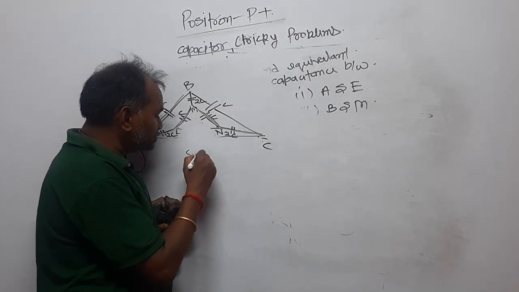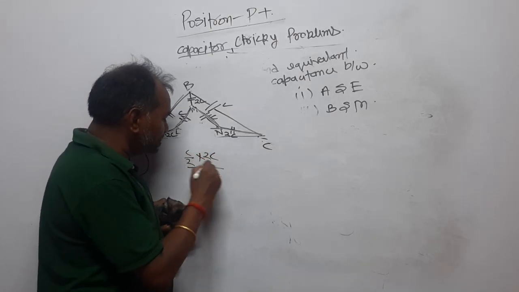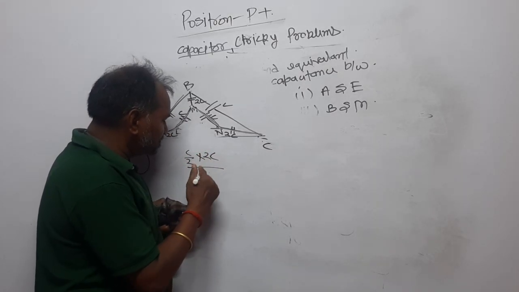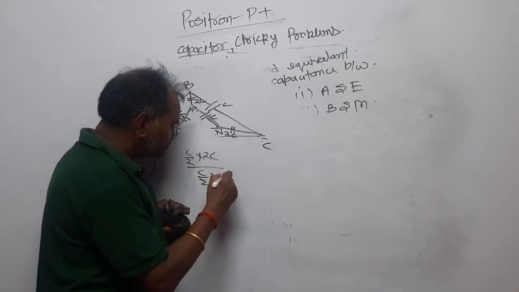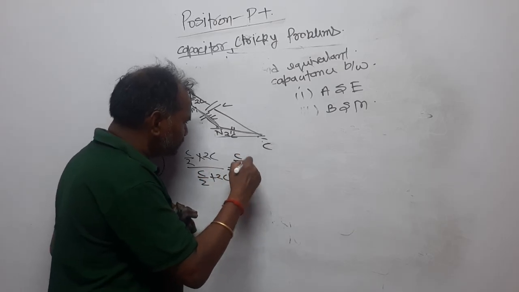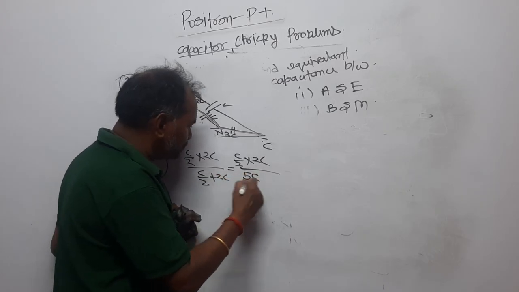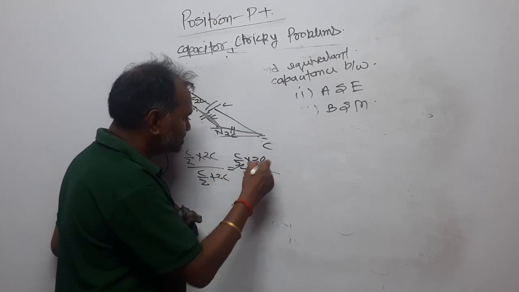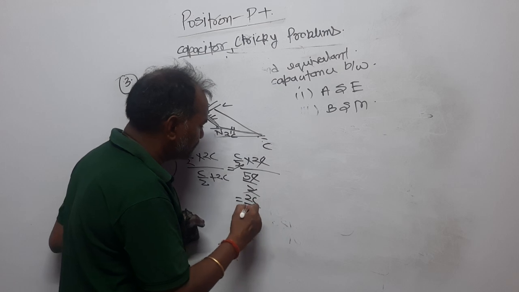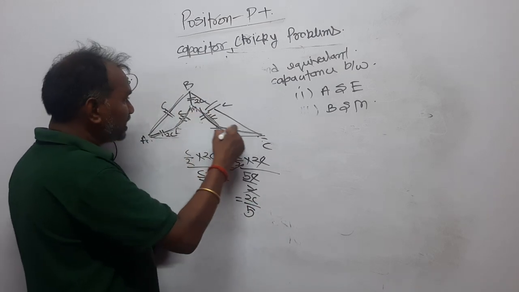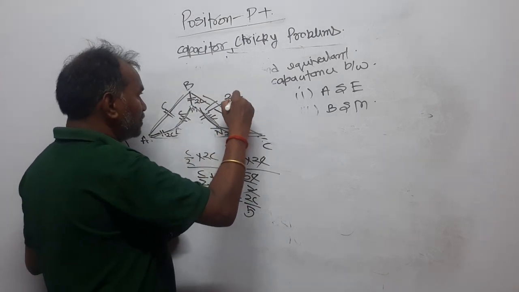So you can solve it as C by 2 into 2C over C by 2 plus 2C. So it will be C by 2 into 2C over 5C by 2. 2 will be cancelled, C will be cancelled, this is 2C by 5. Now this is again 2C by 5.